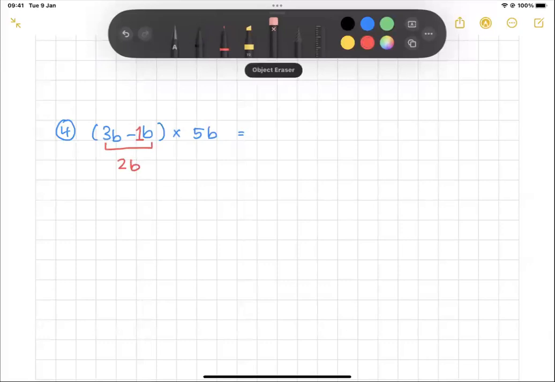So I'm going to write down 2b times 5b. Let's do it. What's 2 times 5? That's 10. What is b times b? b squared. So my answer is 10b squared.